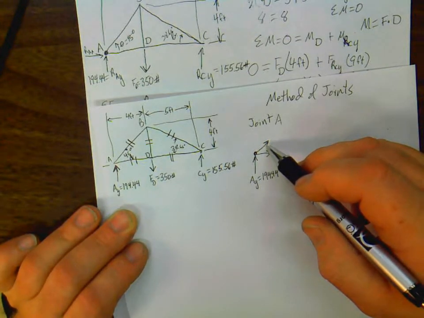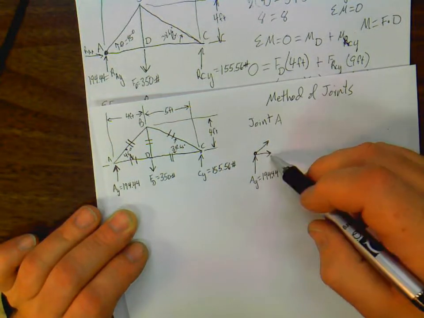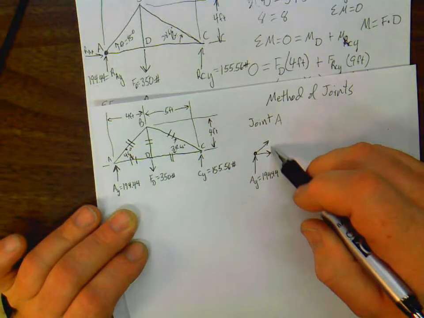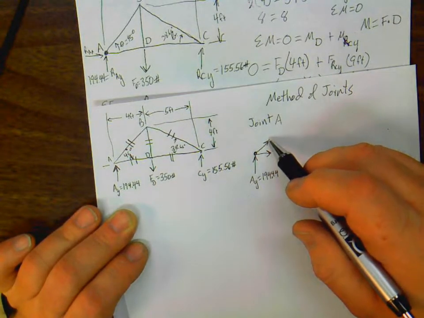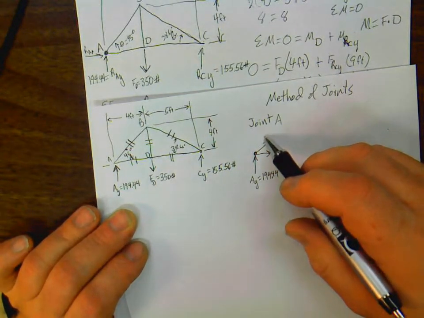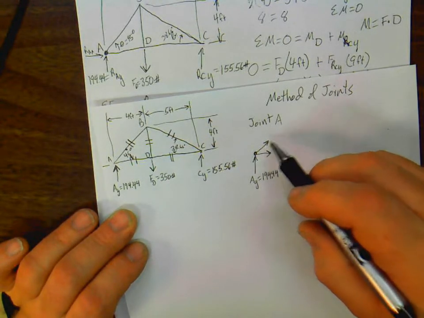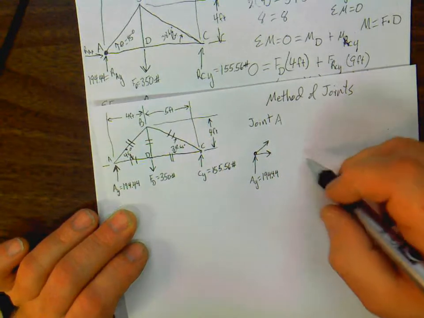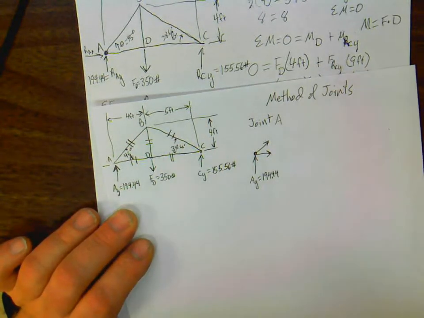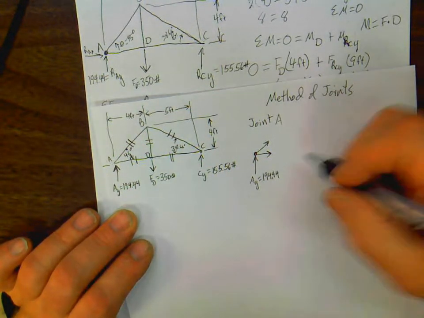So we assume everything is in tension here. Now if we get a negative sign when we start to solve these, that's going to let us know that our original assumption of these being in tension was incorrect, and that it's actually in compression instead.